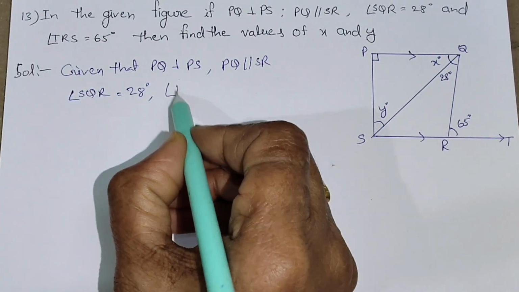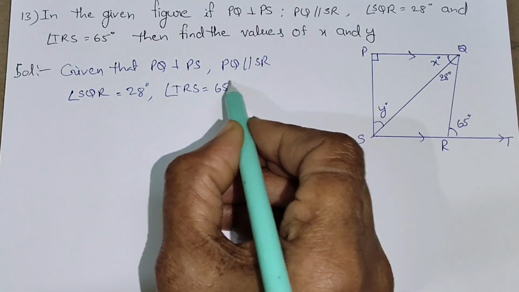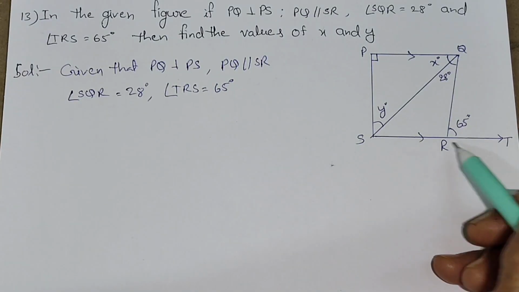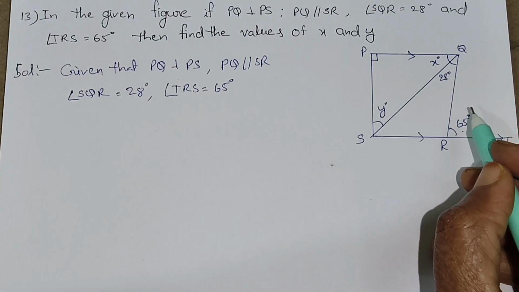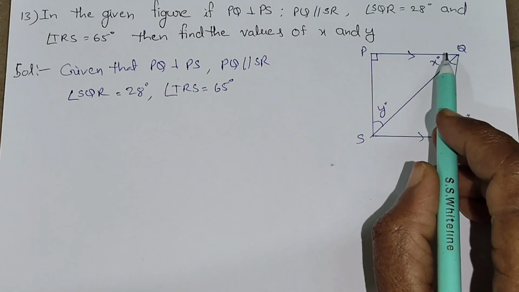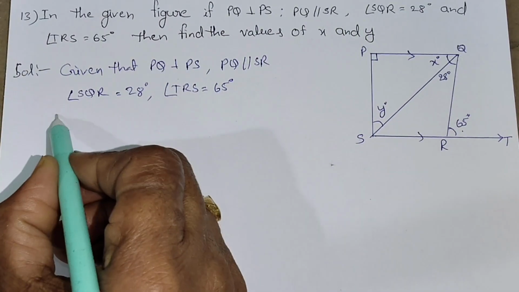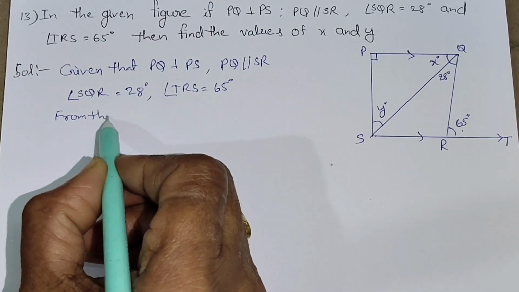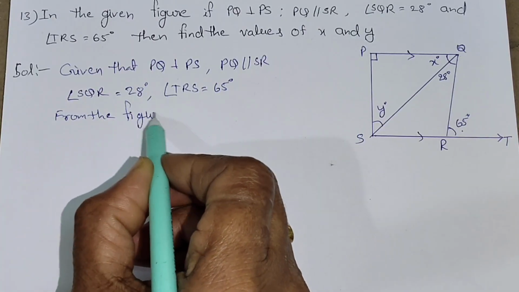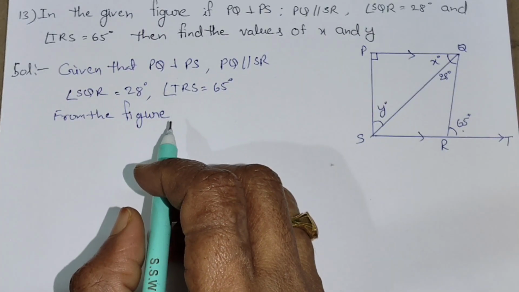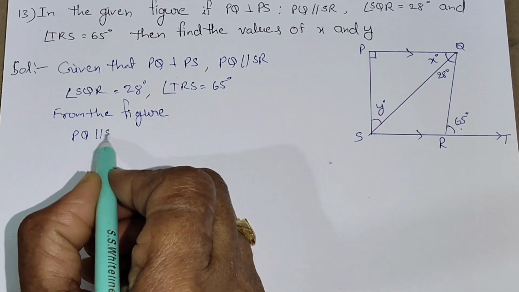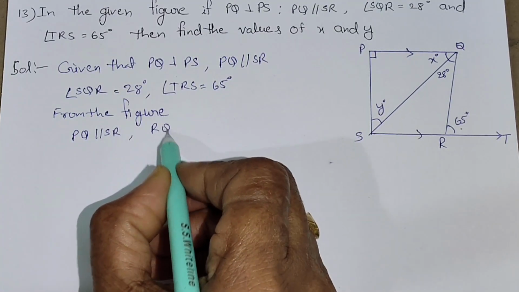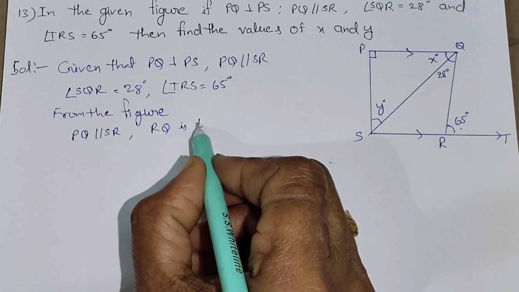The next angle is TRS equals 65 degrees. So now from the figure, PQ is parallel to SR and RQ is a transversal.